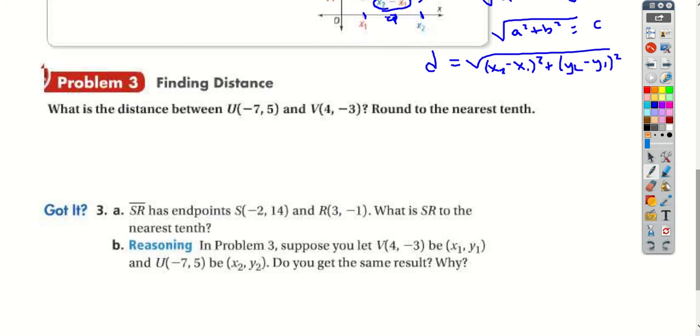So what's the distance between u and v? We're going to write d equals, and we're going to do this 2 ways. I'm going to write uv down below so that it reminds me of what points I'm using. Eventually we're doing what's called coordinate geometry proofs, and we're going to be doing this for more than one line segment, so we want to name them to keep track of what we're doing.